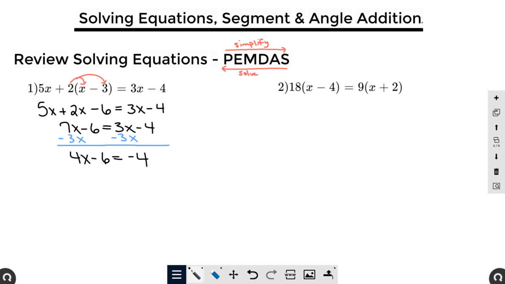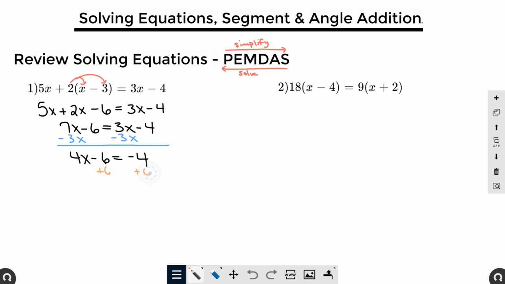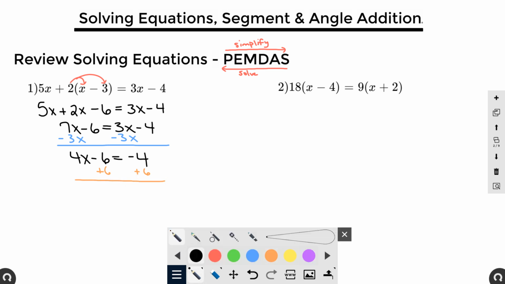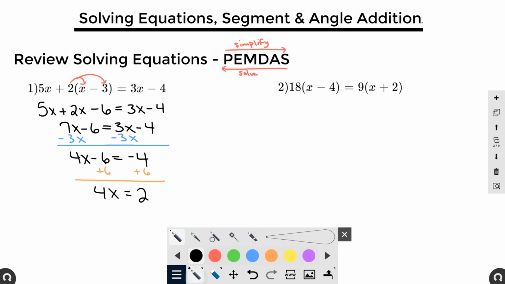So you bring down the minus 6, you bring down the negative 4. Now, what would you do next to get x by itself? Add 6. Very good. So I'm going to add 6 to both sides. So 4x equals positive 2. And then my last step to get x by itself is to divide by the 4.